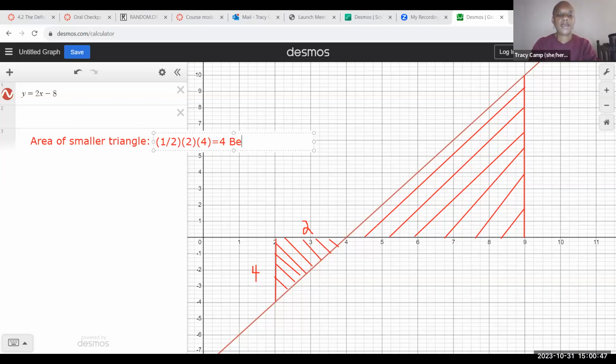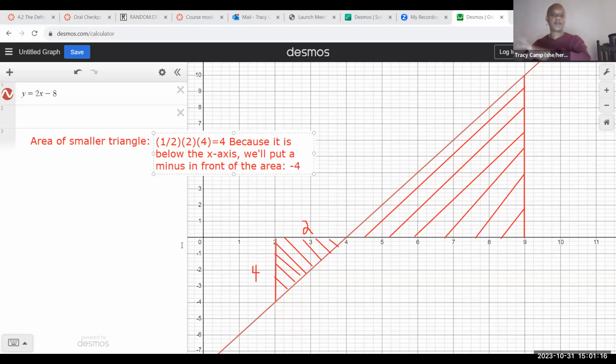And because it is below the x-axis, we'll put a minus in front of the area. So we're going to end up entering this as -4 when we combine it with the area of the bigger triangle. So now let's look at the area of the bigger triangle.